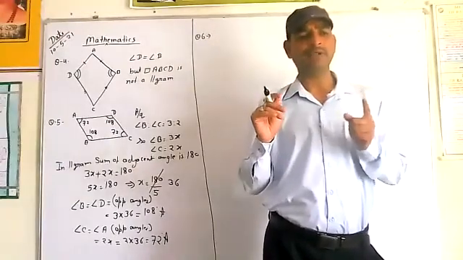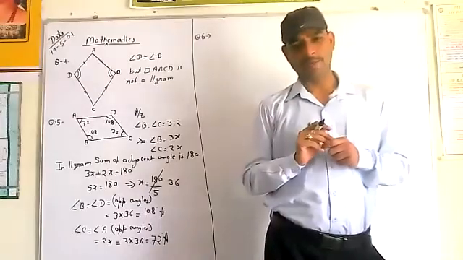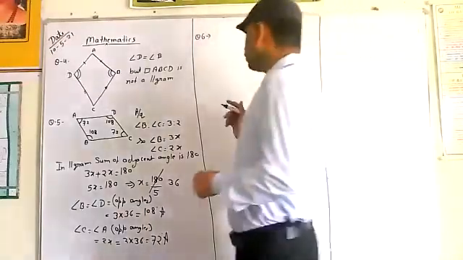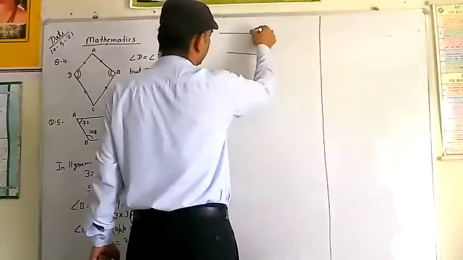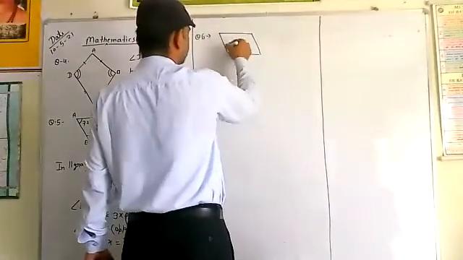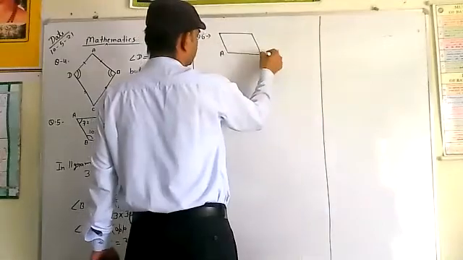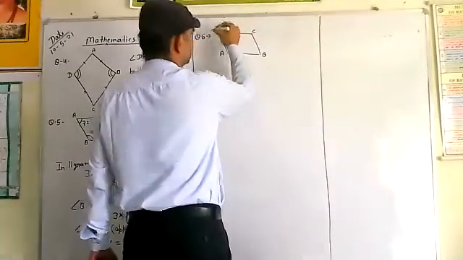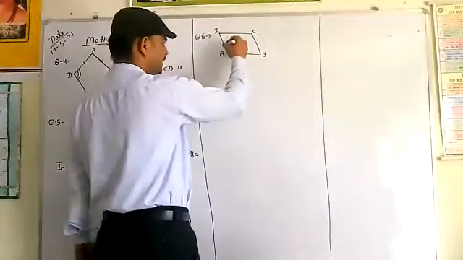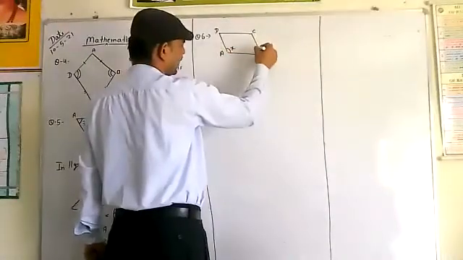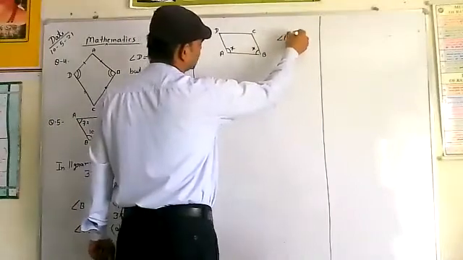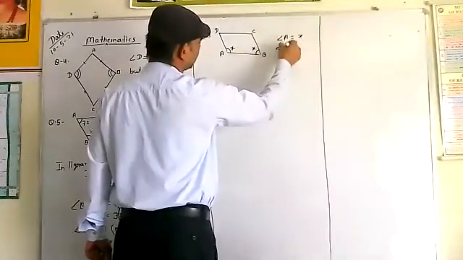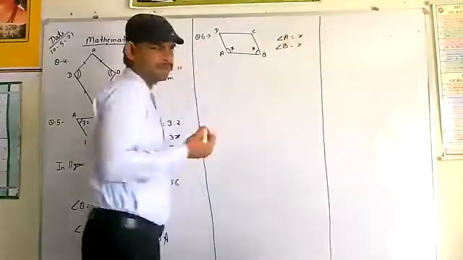Find the measure of each of the angles of the parallelogram. First we draw a rough sketch of a parallelogram. This is A, this is B, this is C, this is D. Two adjacent angles are of equal measure. This is x and this is x. Angle A is equal to x. Angle B is equal to x.